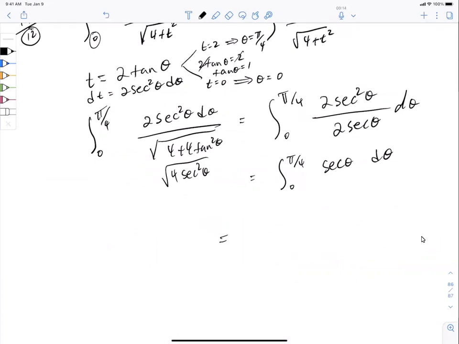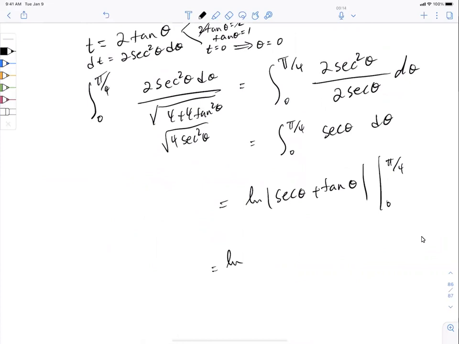From last section, I told you guys that the antiderivative of secant is natural log of secant plus tangent. There was a derivation for that. So you get natural log of secant pi over 4 plus tangent pi over 4, minus natural log of secant 0 plus tangent 0.